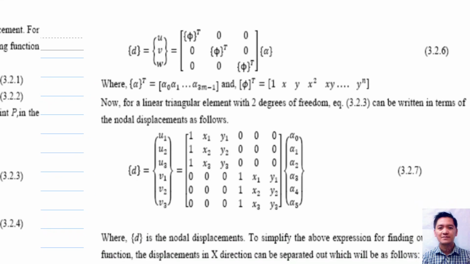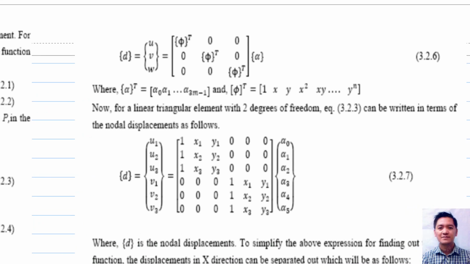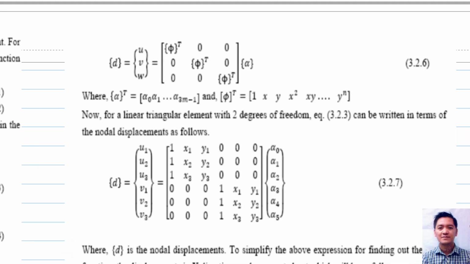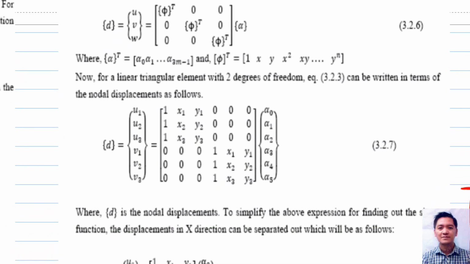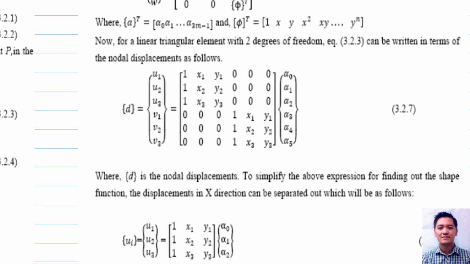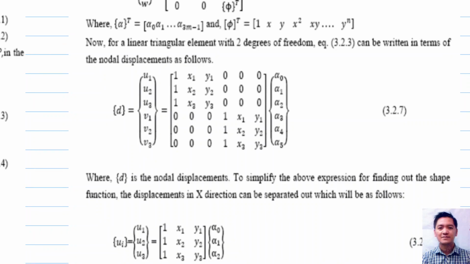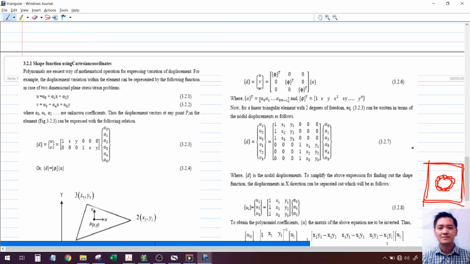Now, kung sakaling 3 degrees of freedom, ito naman yung lalabas, equation 3.2.6. Now, stick ngayon tayo sa 2 degrees of freedom. It can be written in terms of the nodal displacement as follows. Tingnan nyo yung 3.2.7 na equation.